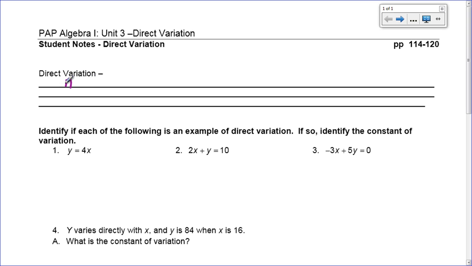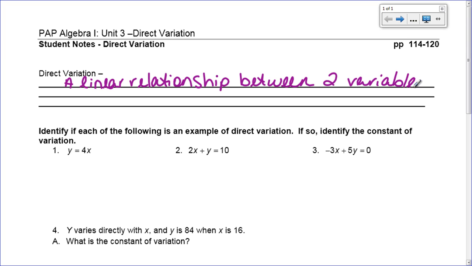Direct variation is a linear relationship between two variables, in this case, we're going to call them x and y, that can be written in the form, sorry I had to squish this up.